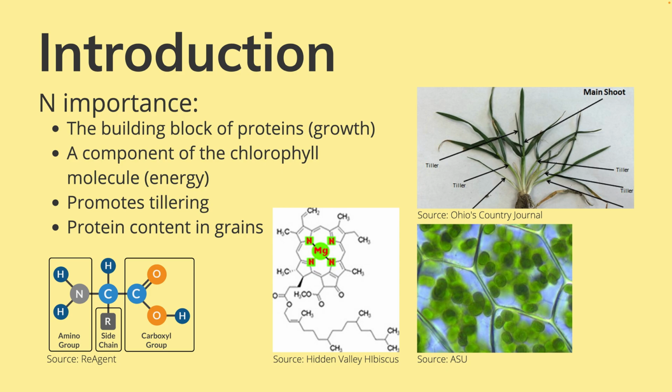Nitrogen is also a component of the chlorophyll molecule, which is part of the chloroplasts, where photosynthesis takes place. That's where plants get their sugars and carbohydrates, which is really important for the plant to grow and to allocate nutrients into the heads, into the grains.